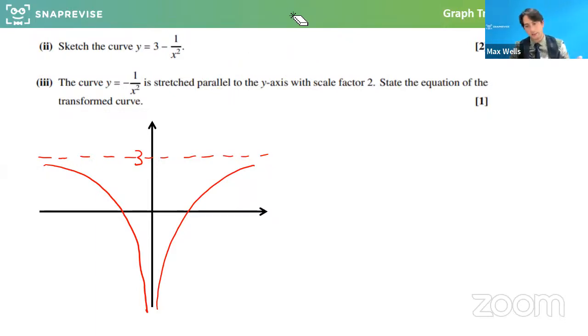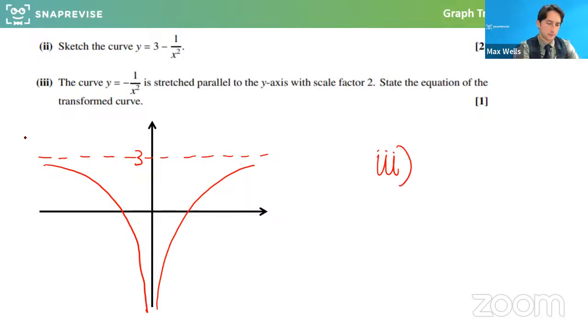And this is really good to see how it would come up in an exam. Right. The next one isn't even a sketch. It is literally just a 1 mark quick answer. This curve that we drew previously has been stretched parallel to the y-axis with a scale factor of 2. State the equation of the transformed curve.